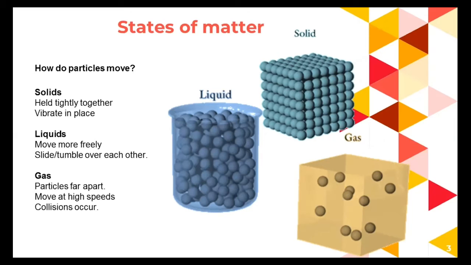So they have more space between them. Clearly, they do not vibrate in a fixed position as they do in solid state. Now, what about shape and volume at liquid state, Rhea? They do not have a fixed shape, but they have a fixed volume. Good, because they take the shape of the container when you pour them in. Okay, good, well done.